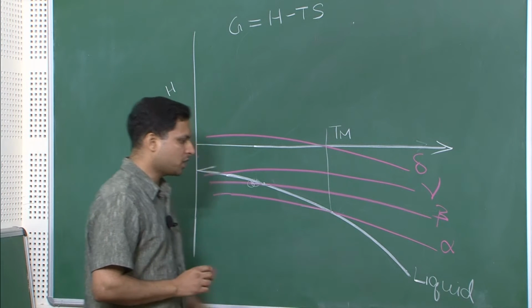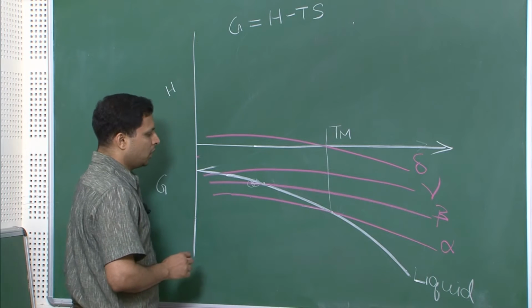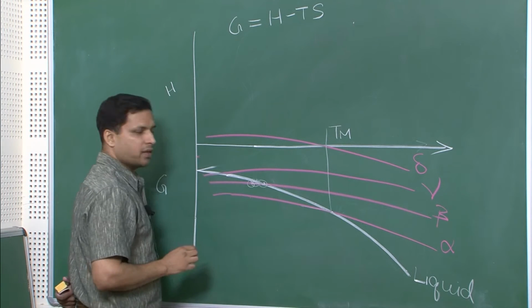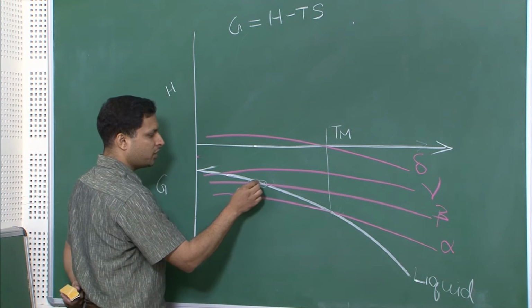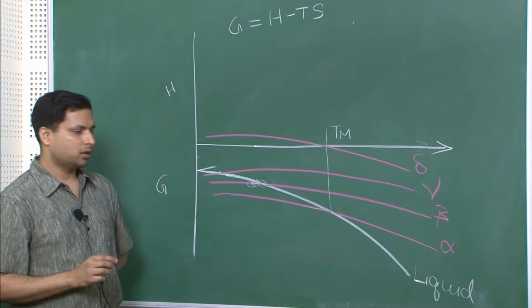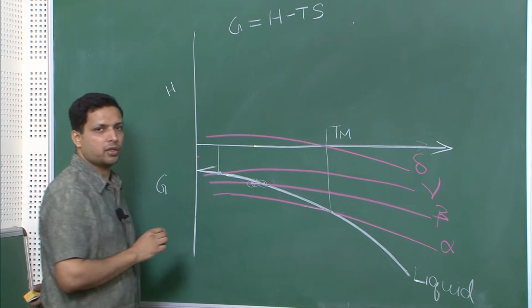We are just trying to understand what happens to the liquid phase when we keep reducing the temperature. Now, if we are able to suppress nucleation of beta phase also, then we get even further supercooled liquid and we may start to get gamma phase at this particular temperature.